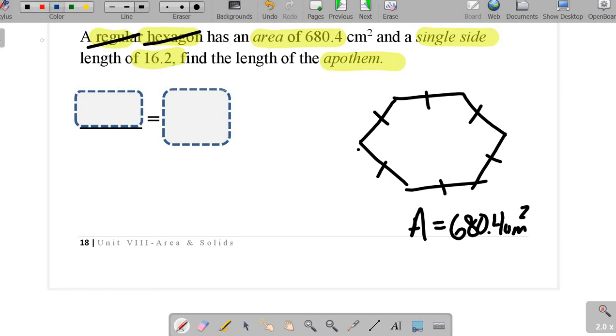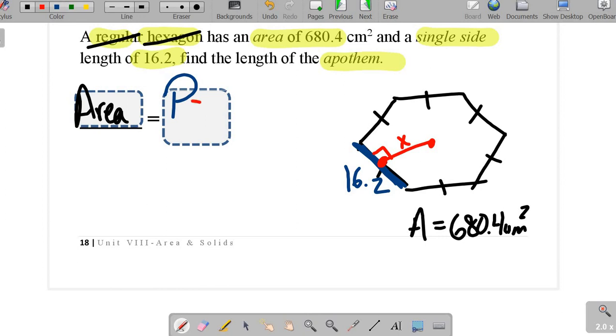We have a single side length of 16.2. We want to find the length of the apothem, which is center to midpoint at a right angle. So there is our x, if you will. Let's write our equation. Area equals one half, perimeter times apothem. Now we plug and chug.